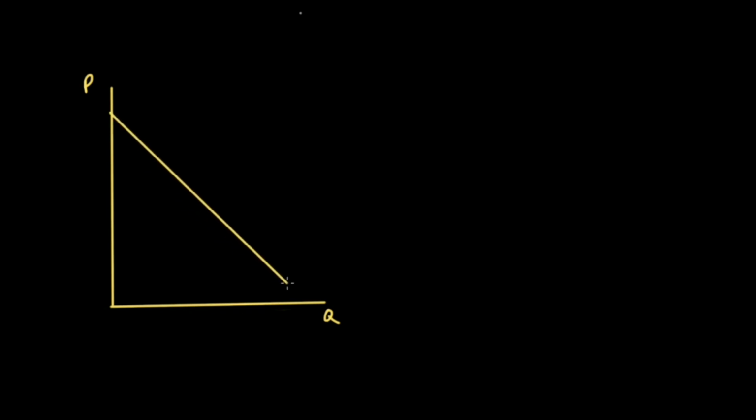Okay, so we have this demand curve, and we know that the marginal revenue of the monopolist is equal to the partial derivative of the revenue with respect to Q. And so when we get that, we'll find that the marginal revenue is something like this.